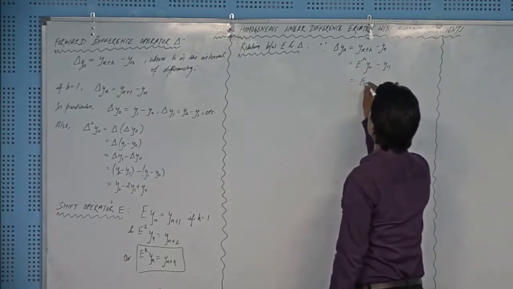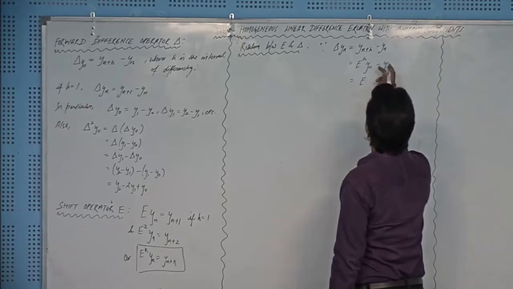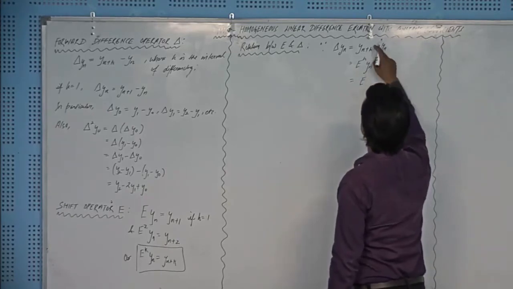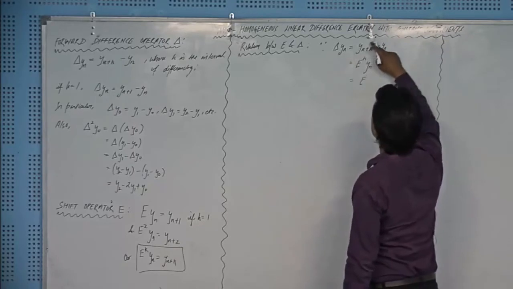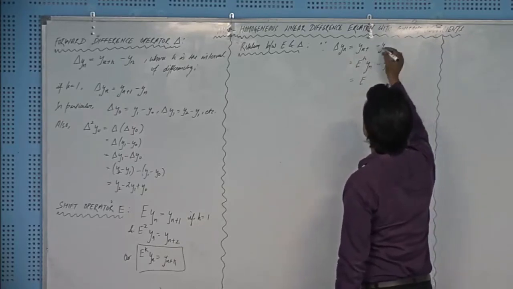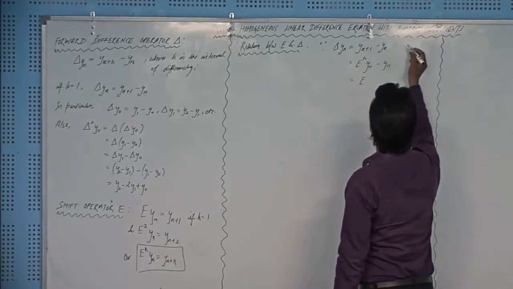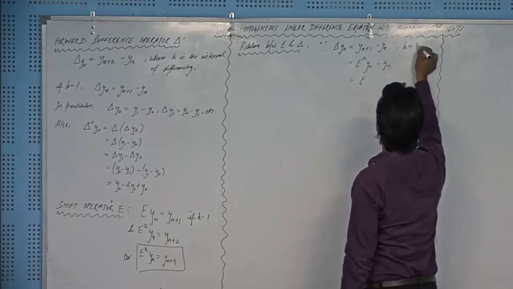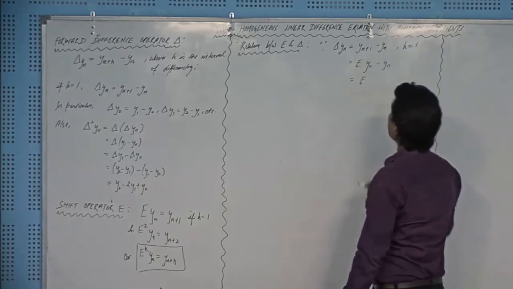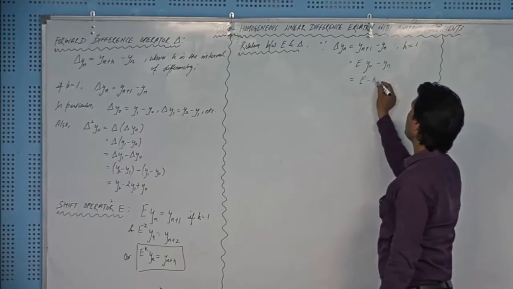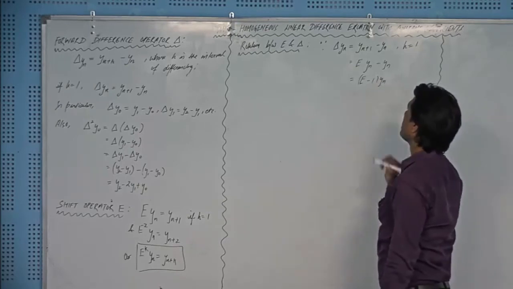Then taking E common, I should take h equal to 1 since it is delta. Then take yn common, that will give you E minus 1 yn.